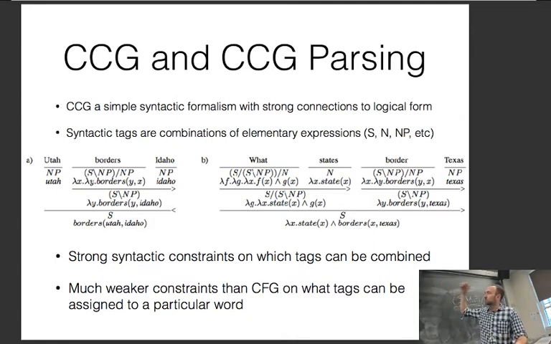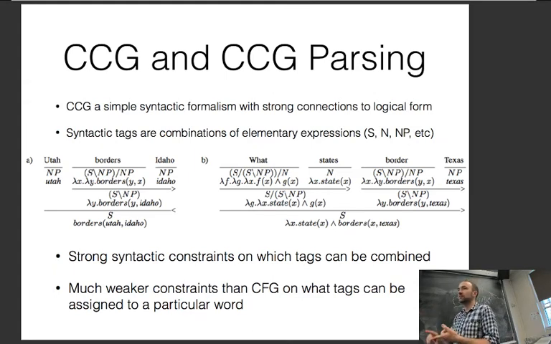What you should know about CCG is it has very, very strong syntactic constraints on which tags can be combined, but much weaker constraints on what tags can be assigned to a particular word. So a verb can potentially have many, many different types of tags assigned to it.